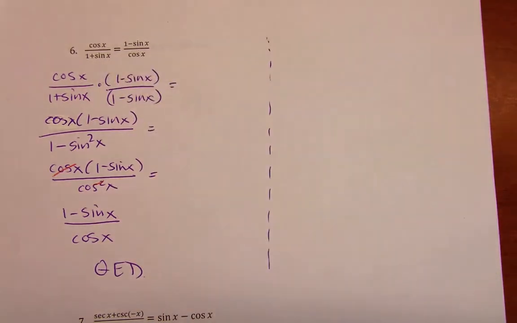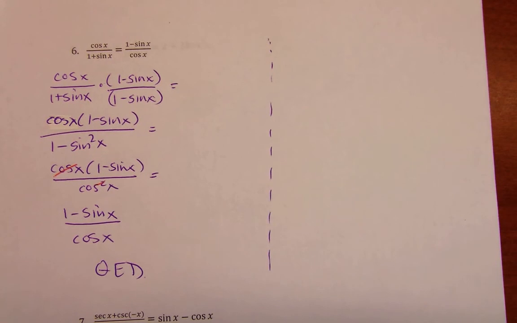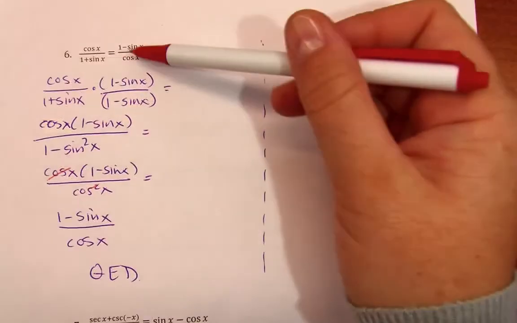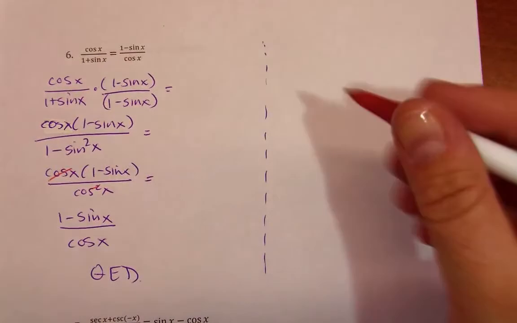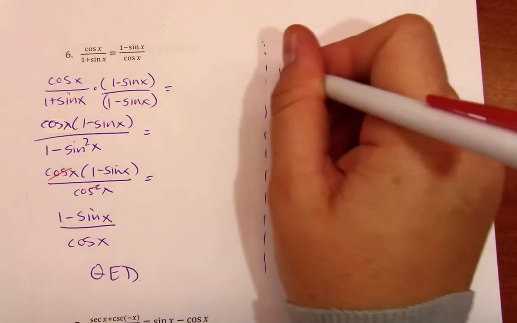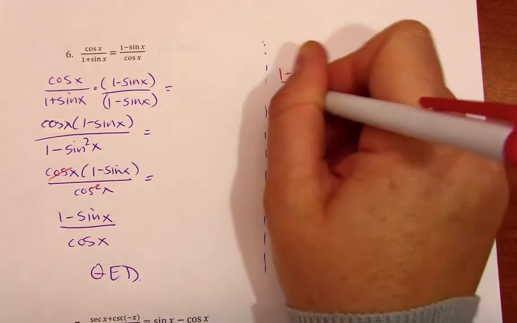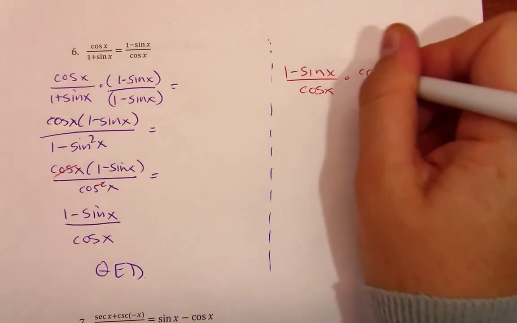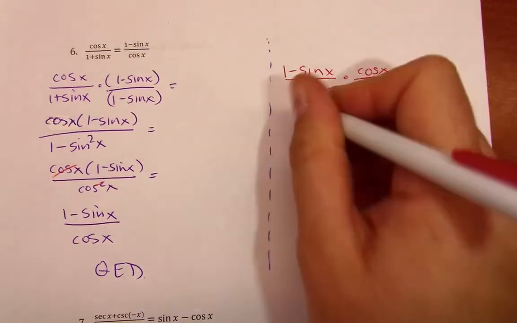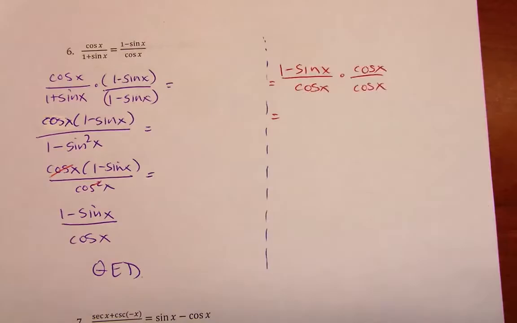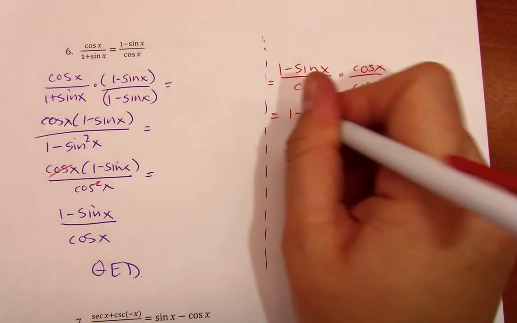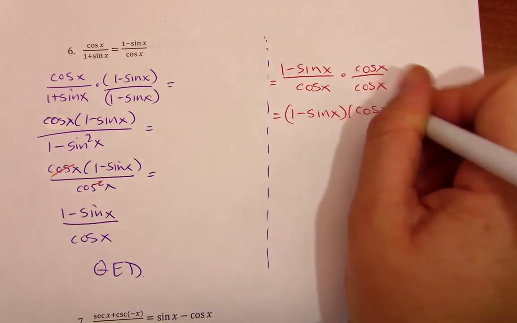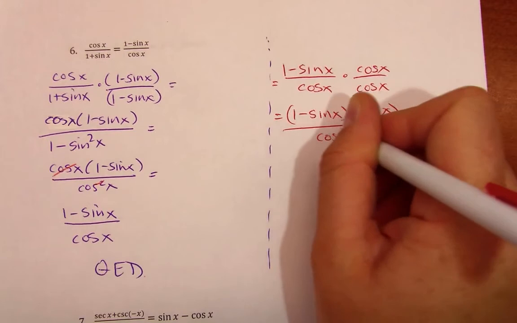What if I chose to work on that side? So if I chose to work on the other side, then I would start with 1 minus sine x over cosine. And I'm going to actually multiply by cosine x over cosine x. So then that would be 1 minus sine x times cosine x over cosine squared x.